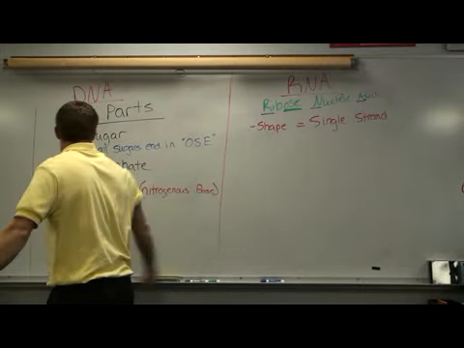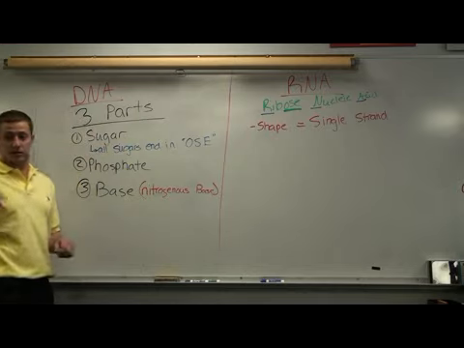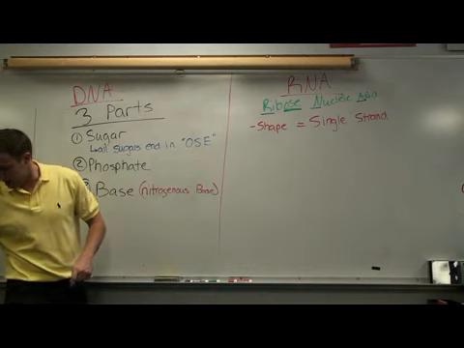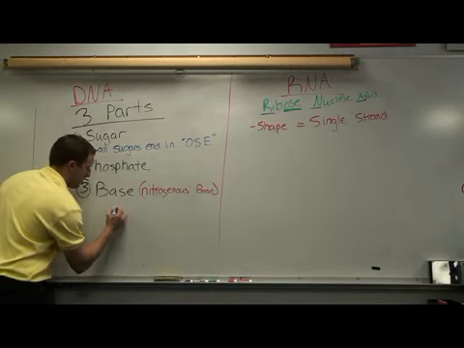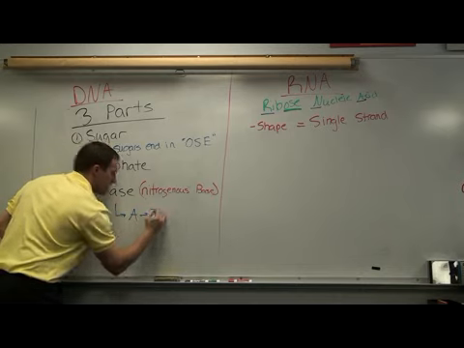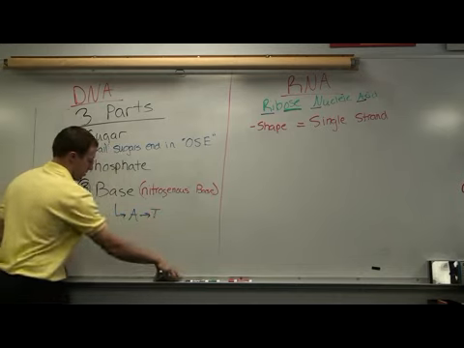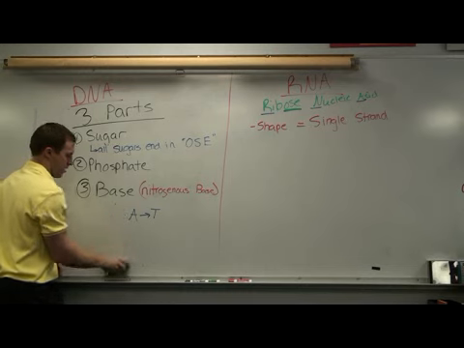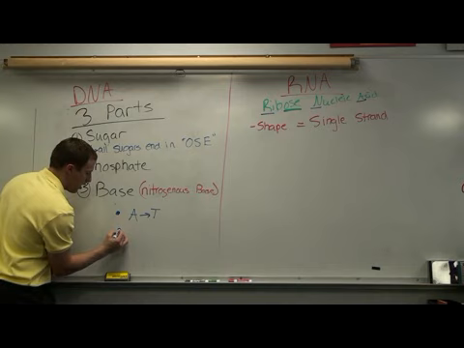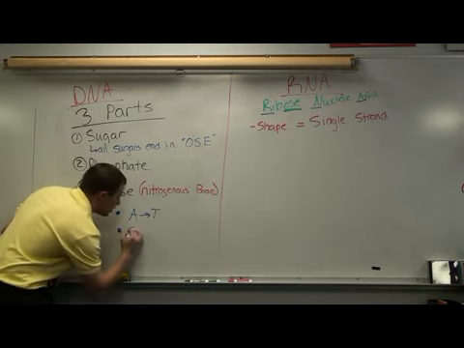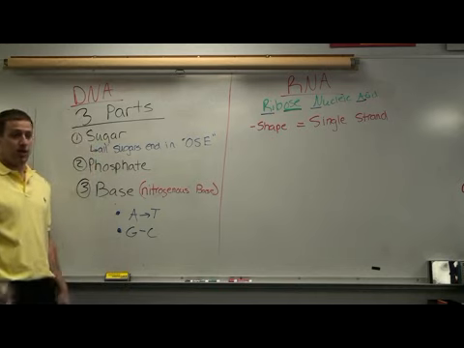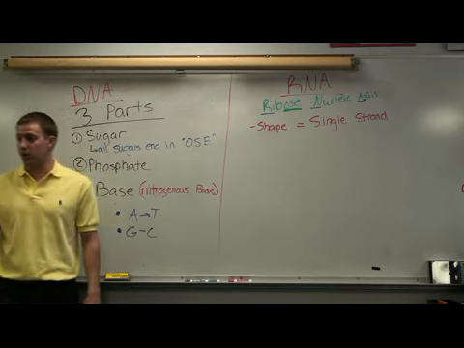So what we've got now, there's 4 bases. These are those letters we've heard of. A always pairs with T. A always pairs with what? T. G always pairs with C. You've got to get that memorized because that will be on the test.